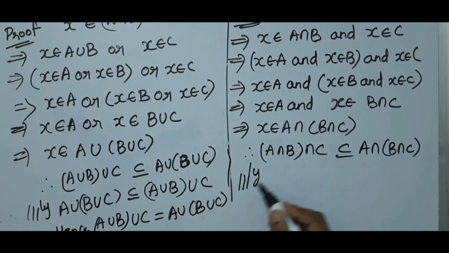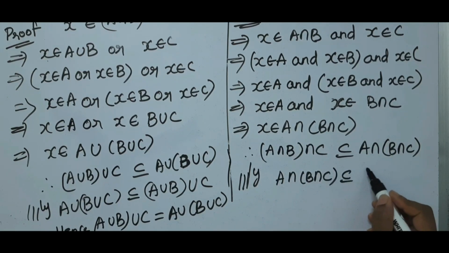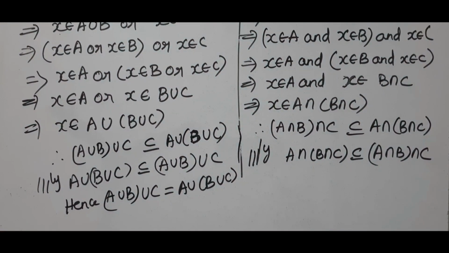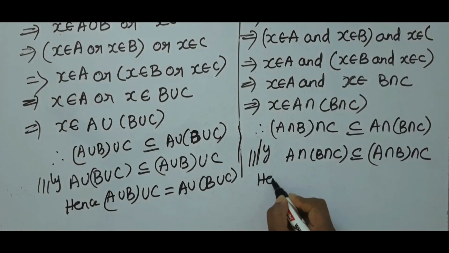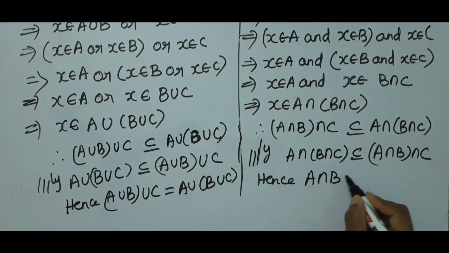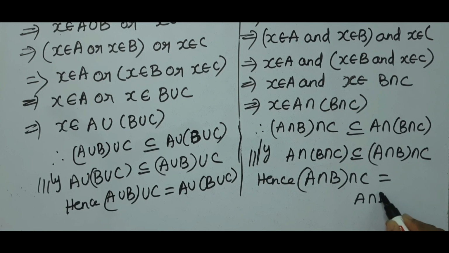Similarly we can prove that A intersection B intersection C is a subset of A intersection B intersection C. Okay? Hence, A intersection B intersection C is equal to A intersection B intersection C. The same proof here and here.